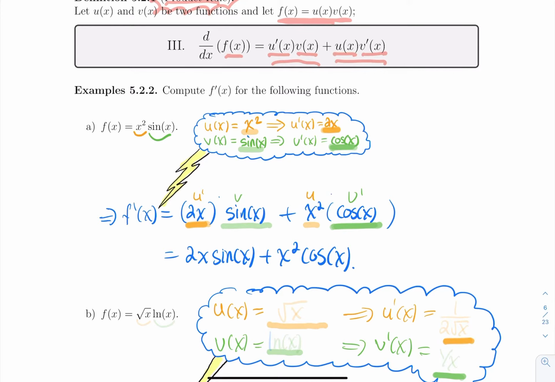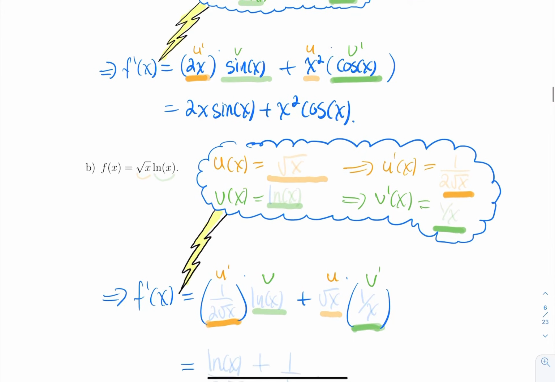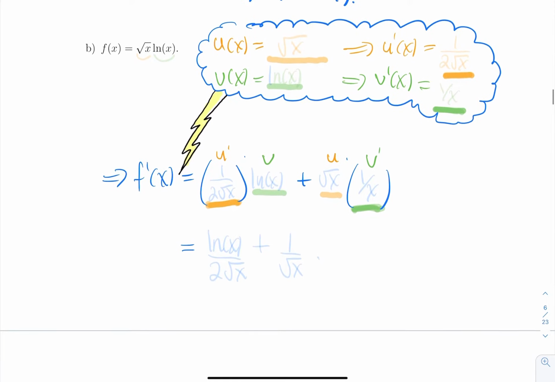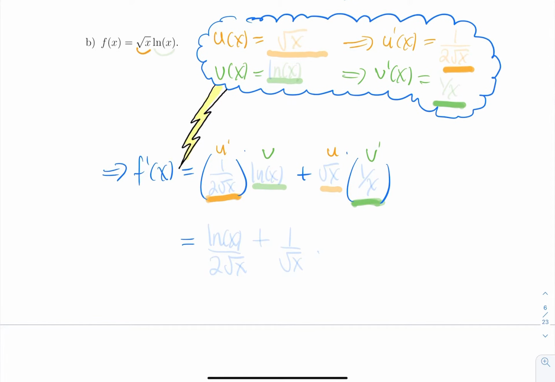All right, let's do more examples. Next function, the root of x times ln of x. So u will be root of x, and v is going to be ln of x. When you differentiate root of x, remember, root of x is x to the power 1/2.